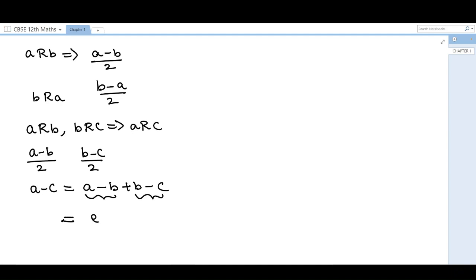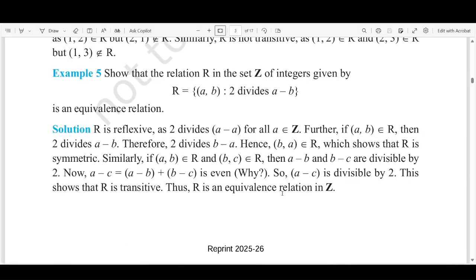So, this must be an even number. So, every even number is divisible by 2. Therefore, a minus c is also divisible by 2. So, thus we have verified a is related to c. So, the relation R is transitive. We have proved that the relation R is an equivalence relation.